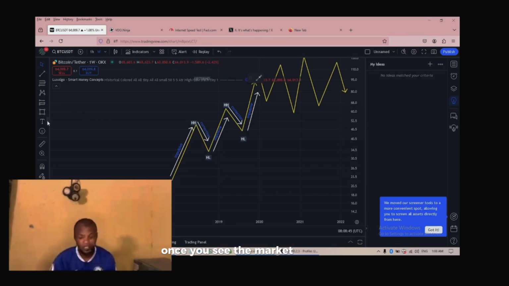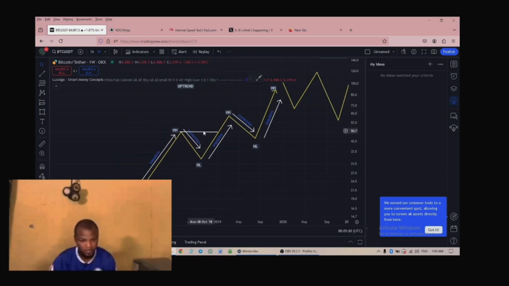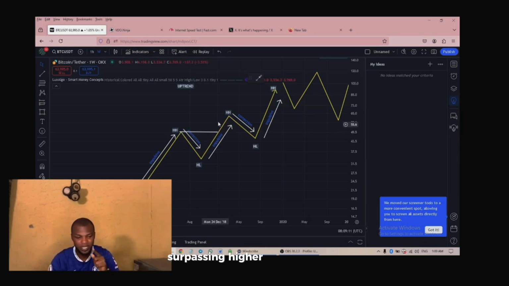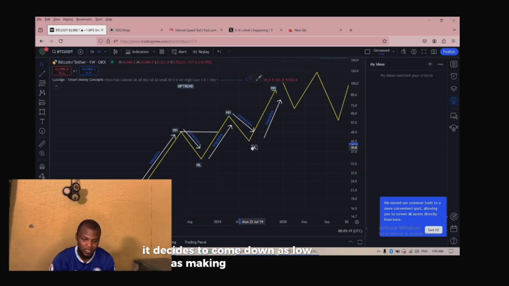Once you see the market surpassing the previous higher high, you should be rest assured that this is an uptrend. You understand? Once the market gets to another higher high, it decides to come down as low as making a higher low.